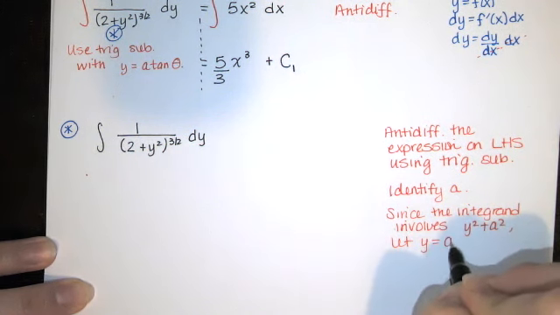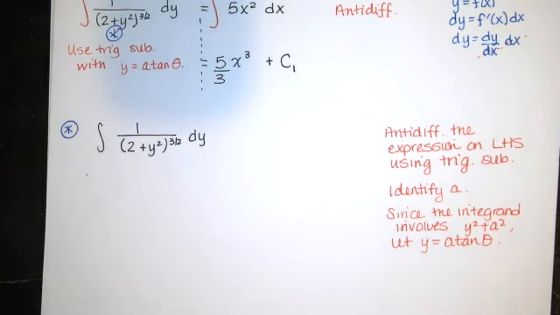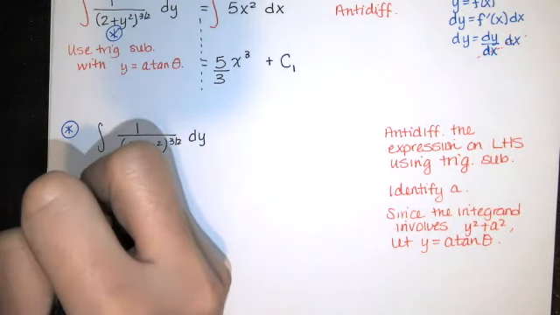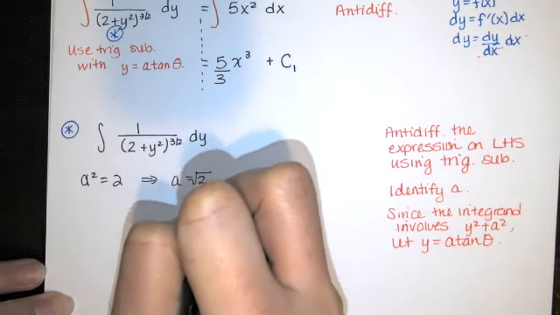So we're going to let y equal a times tangent of theta. Okay, so a squared is 2. a is always the positive square root, so a is the square root of 2.